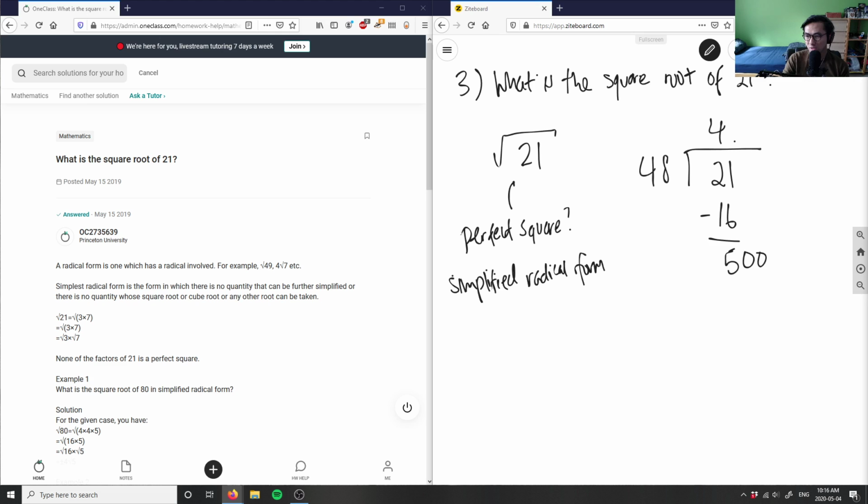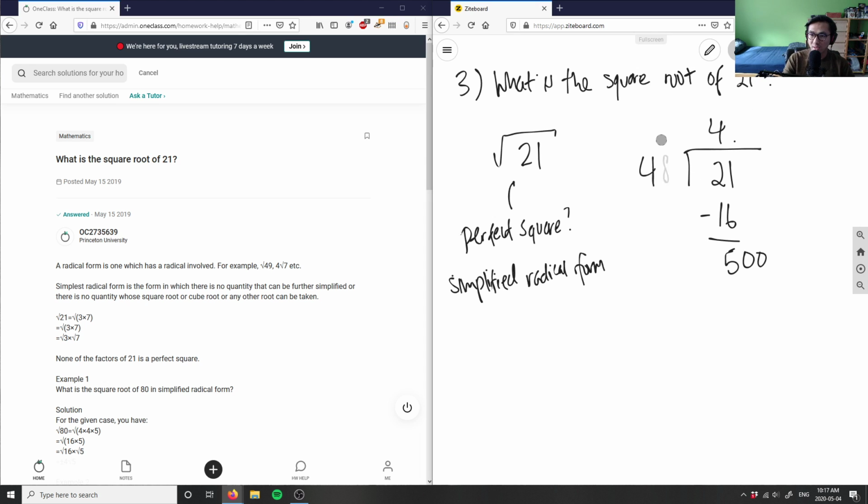Let me see if I can approximate that for you with the long division method. We already know it's in simplified form, so we can't really look for prime factors to solve this.